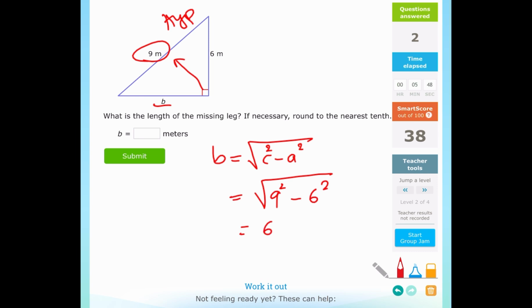I got a decimal, which is 6.7082. Since we have to round to the nearest tenth, we are only going to put one decimal place. Since the second digit is less than 5, we don't have to add 1 to the 7. So our answer is approximately 6.7.